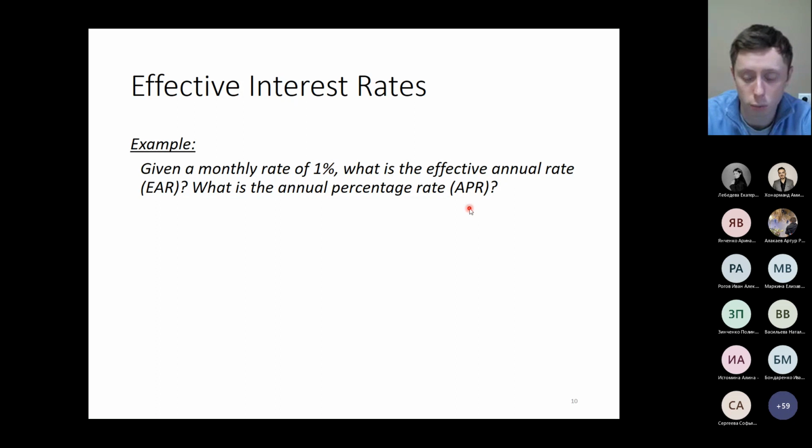How would we approach it, maybe? You don't need to tell the number exactly. We need to add 0.01 to 1, and that sum we should raise to the power of 1 divided by 12.